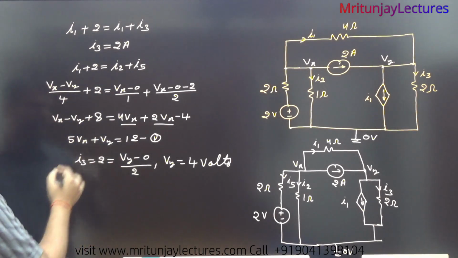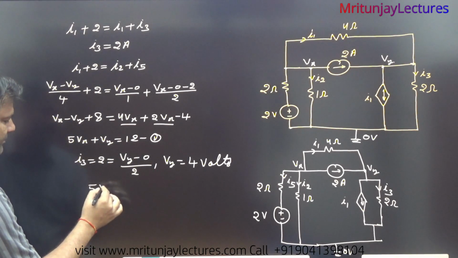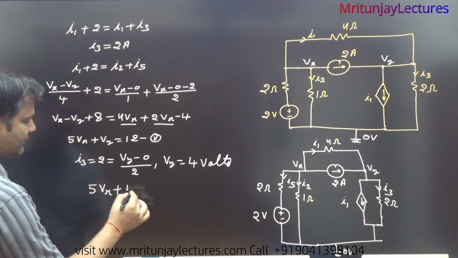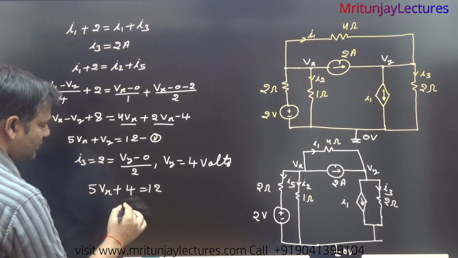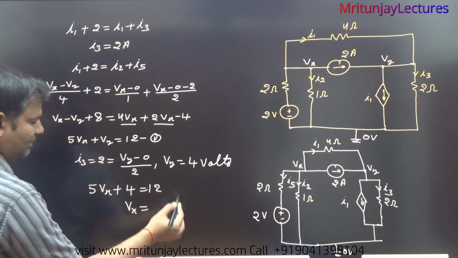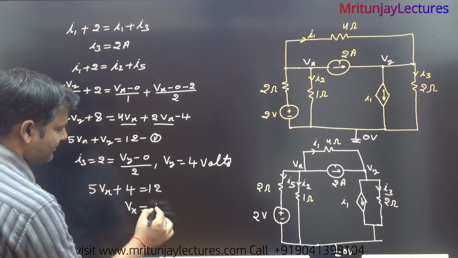If we put this value here, then we get 5Vx plus 4 is equal to 12, so 5Vx is 12 minus 4, that is 8, so Vx is 8 by 5.